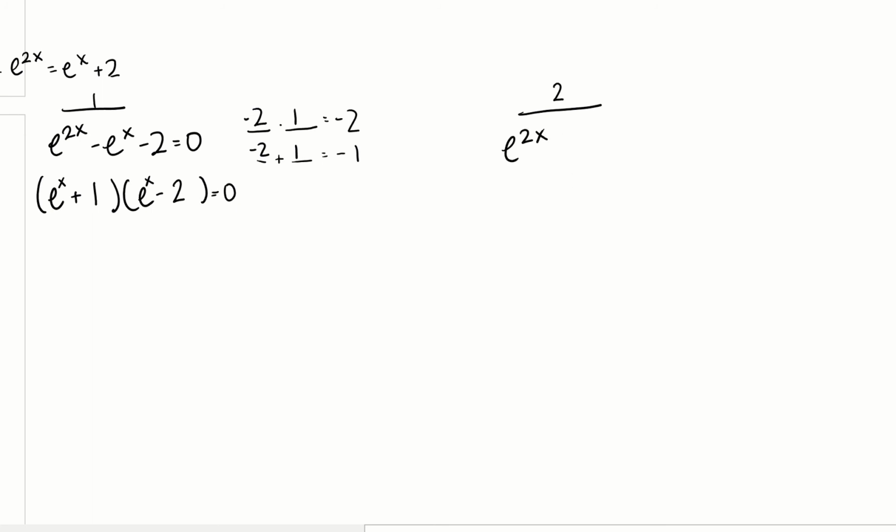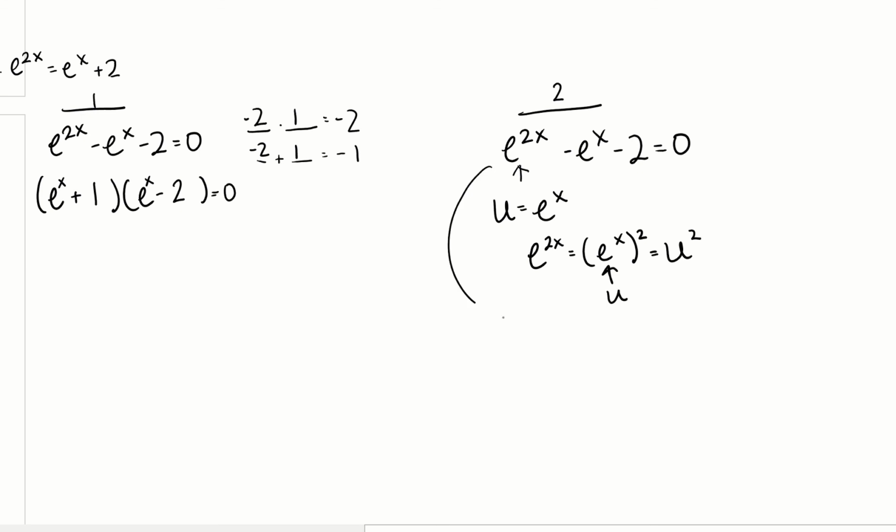e^(2x) minus e^x minus 2 equals 0. So if you much prefer looking at x's and this is a bit confusing, which quite honestly I don't like doing it this way, you can let u equal e^x. So notice what you have here is e^(2x), which is equal to e^x times 2, which is u squared, because this is just equal to u.